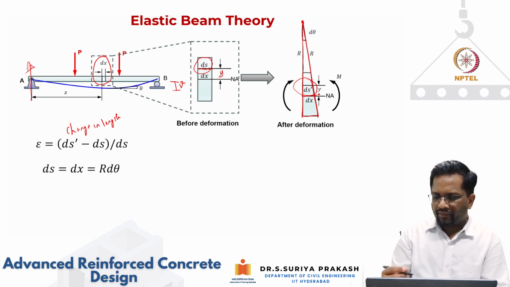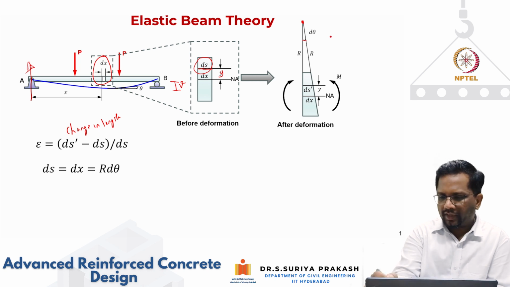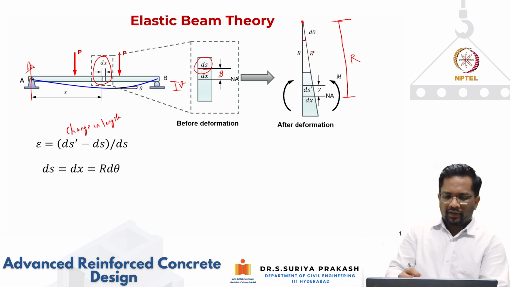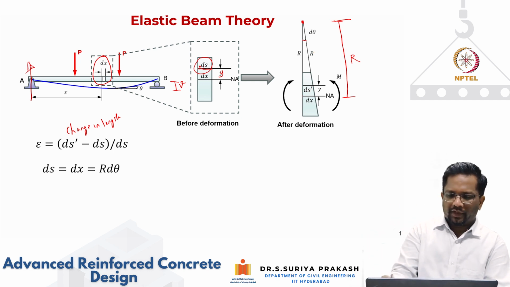So here the R is actually measured from here to the neutral axis only. So this is your R. R is measured up to the neutral axis. Now what would be ds?